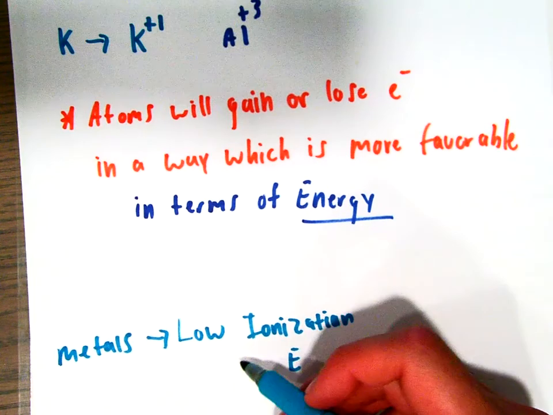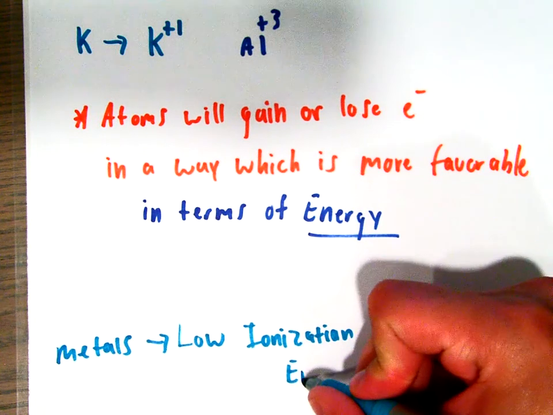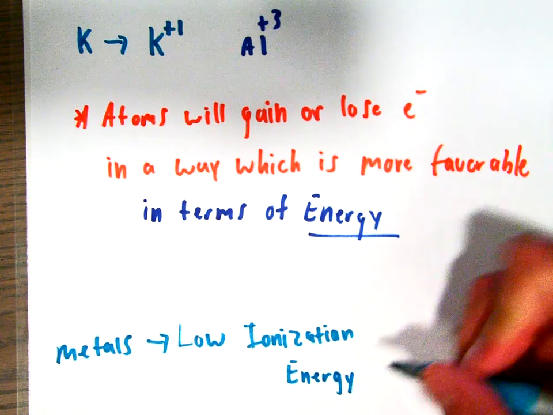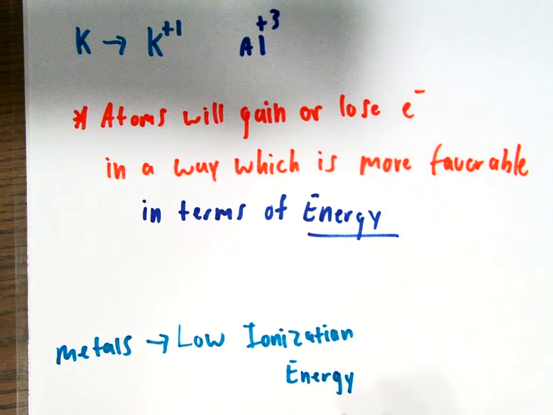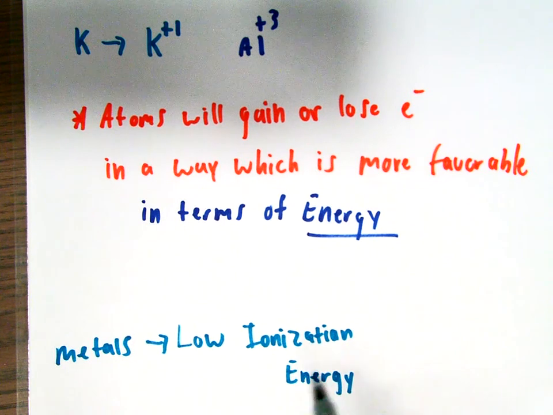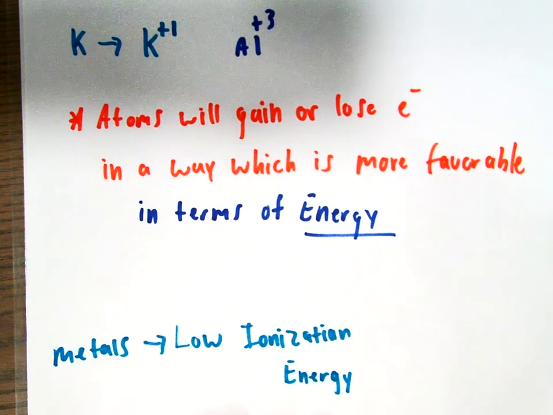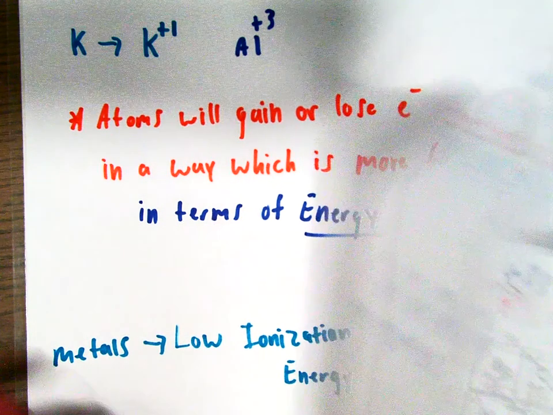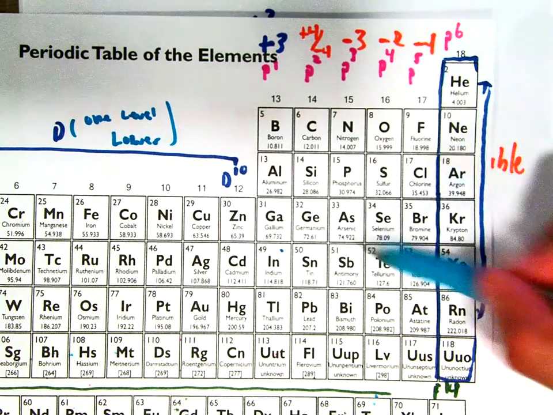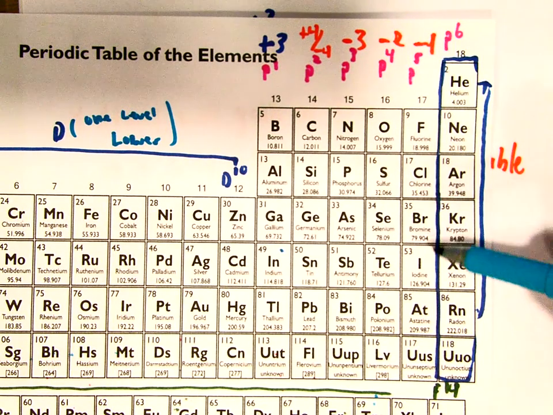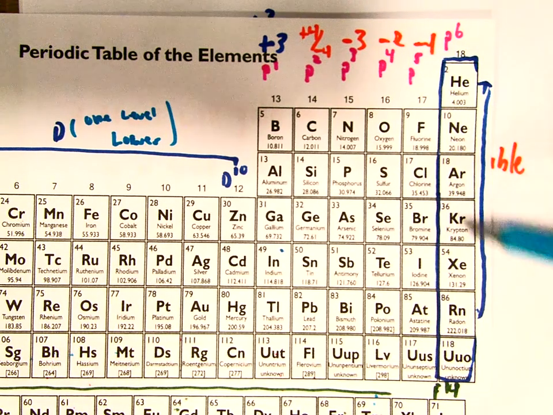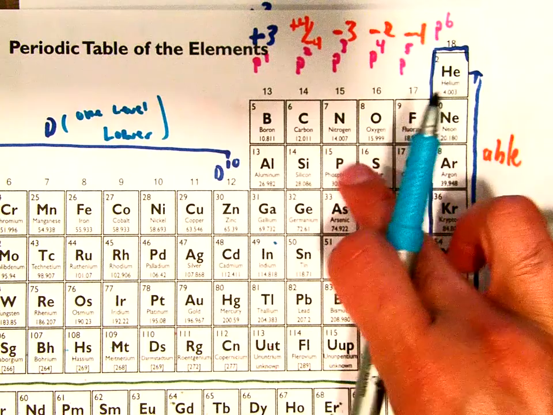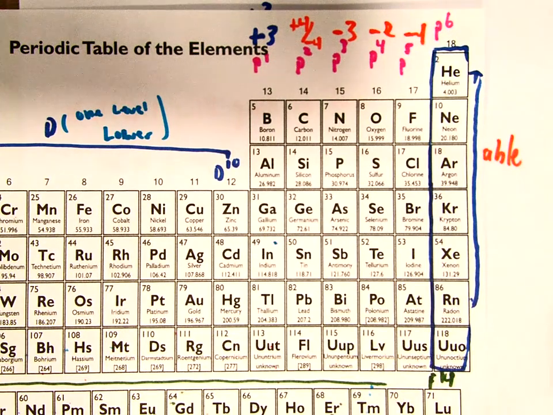Metals have a very low ionization energy. So it's very easy for them to lose electrons because it doesn't take a lot of energy. However, nonmetals, we already know that nonmetals have a very high ionization energy. So nonmetals require a lot of energy to remove those electrons. So it's easier to gain them rather than it is to lose them. Okay? And they're very electronegative, right? So they want to gain them because of the extra protons, depending on which one we're looking at.